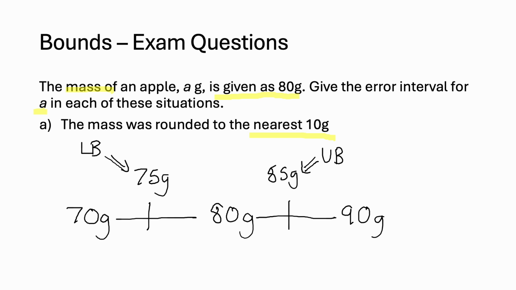So, therefore, in error intervals, our number has to be, to the nearest 10 grams, equal to or more than 75 grams, so A, but it has to be less than 85 grams.